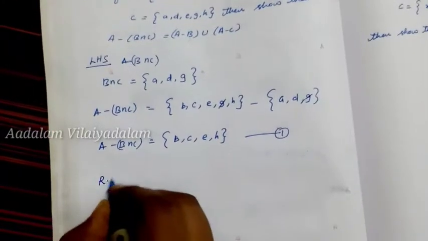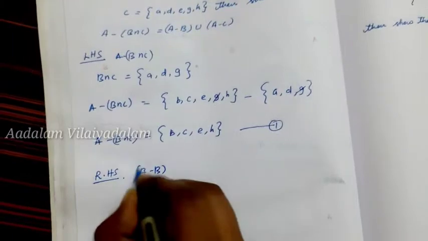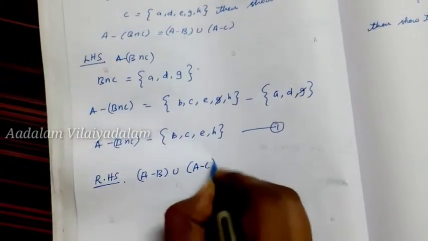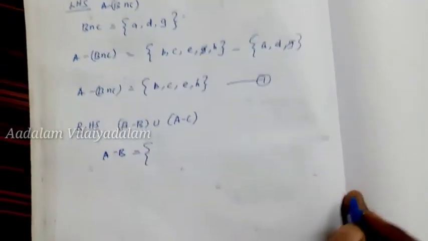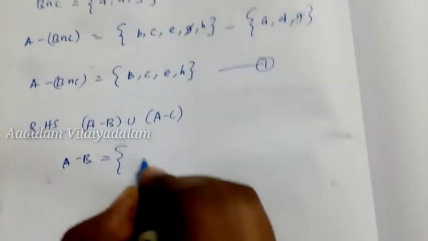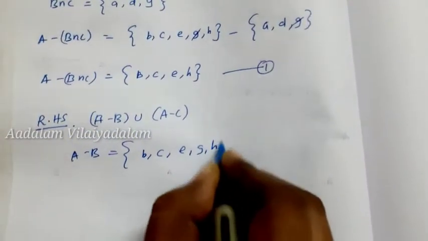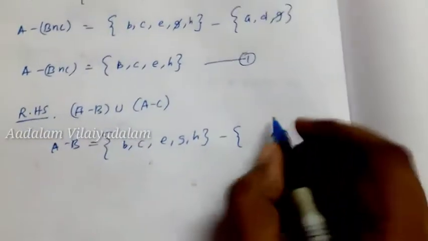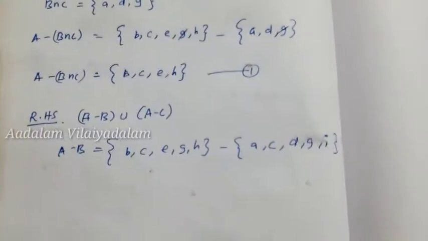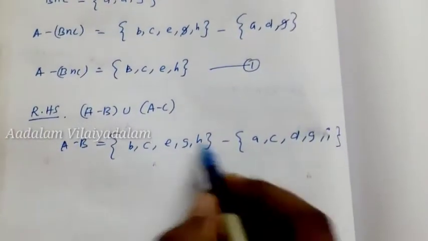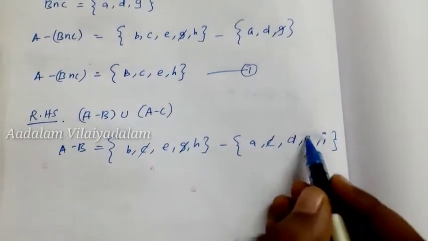Now let's write RHS, that is A minus B union A minus C. So let's find A minus B. So how can we find that one? With this method also you can find: B, C, E, G, H and subtract the set B, A, C, D, G and I. Just remove the common elements. C is common and G is common.